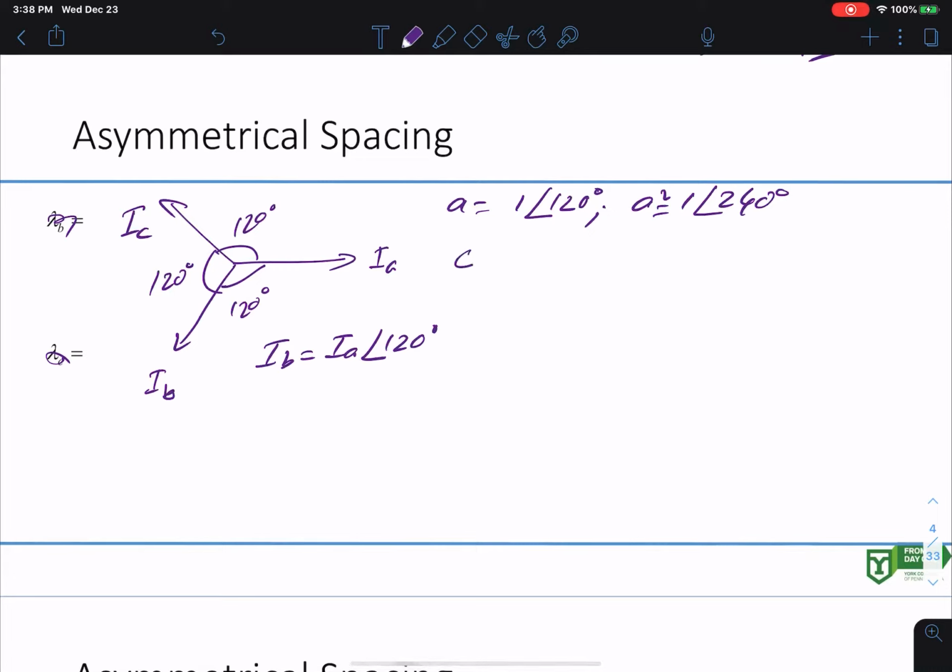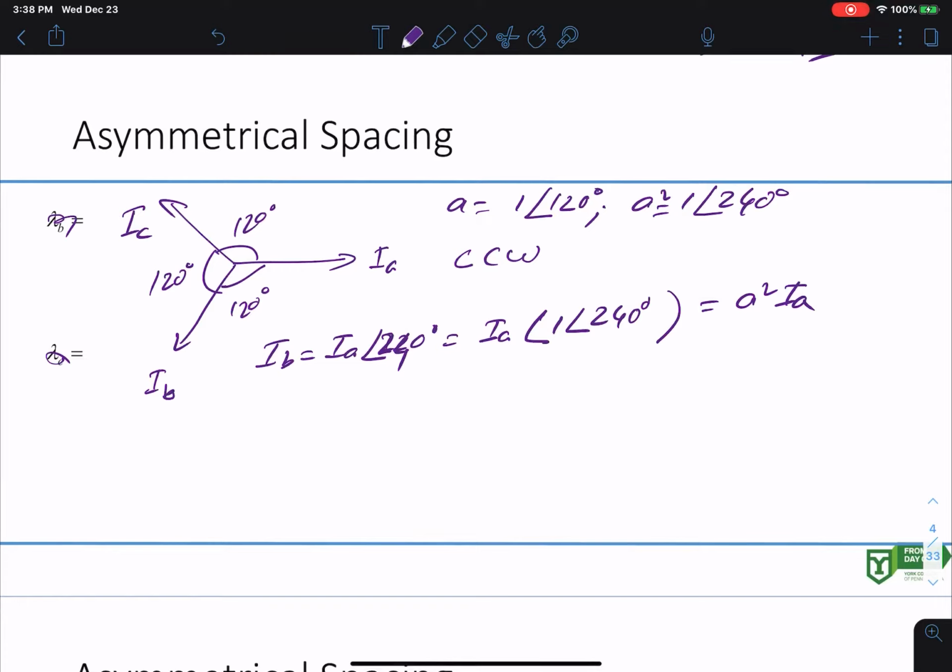So I can also say that is IA times 1 at 240 degrees, which means IB is basically a squared IA.